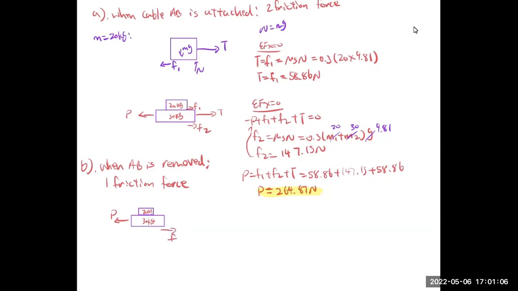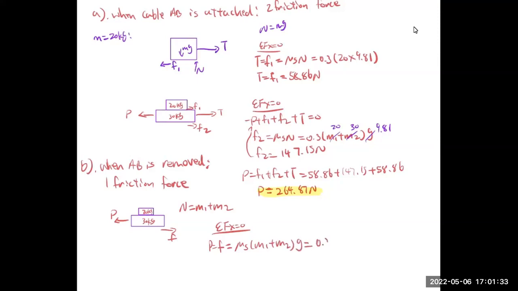All right. Like I said, we know that N is going to be m1 plus m2. And then we just have to do summation of force in the x direction. In the x direction, you know that P is equal to F. So how much you put in is how much this thing's resisting. So F is equal to mu s multiplied by (m1 plus m2) multiplied by the gravity constant.